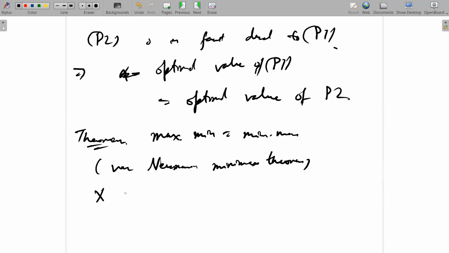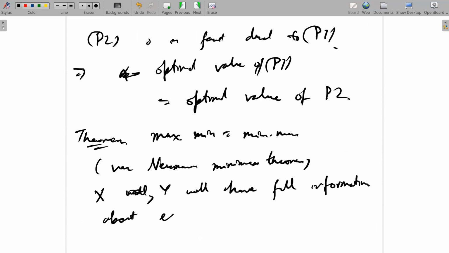So X and Y will have full information about each other's mixed strategy, but still the profit or loss they make will not be affected by the fact that they have full information about each other's mixed strategies. Okay.